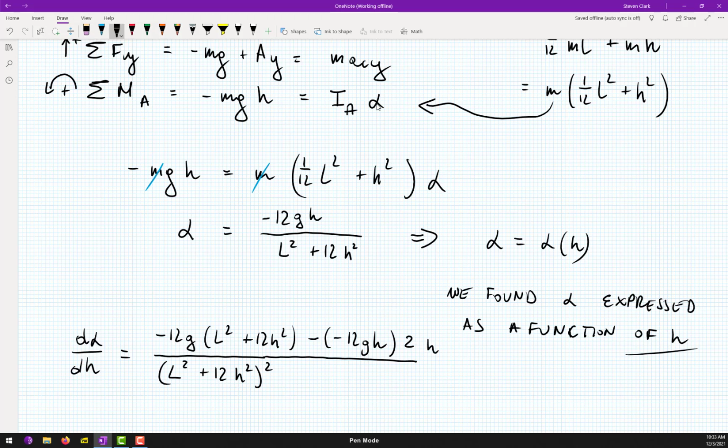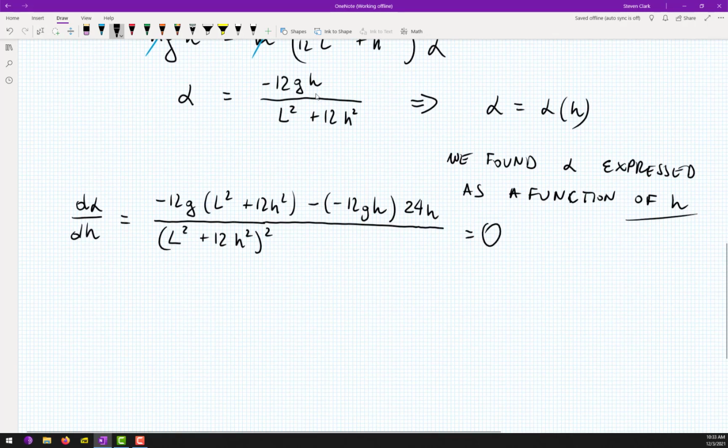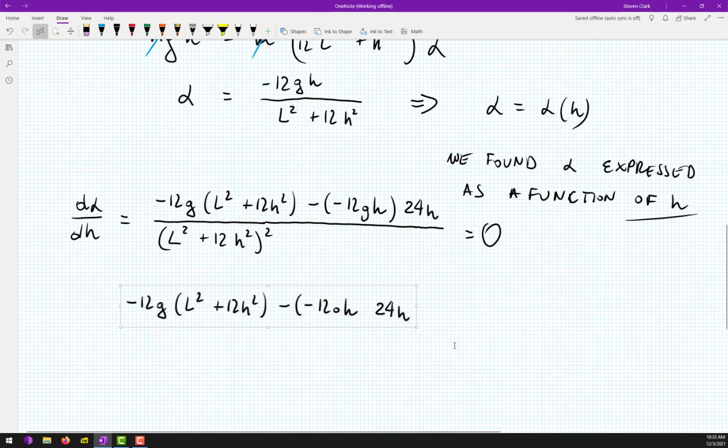Yeah, I think this is correct. And we not only take the derivative, we must equal it to 0. So this is 0 when the numerator is 0. And as you can see, our denominator cannot be 0. So it's great, because we cannot divide by 0.